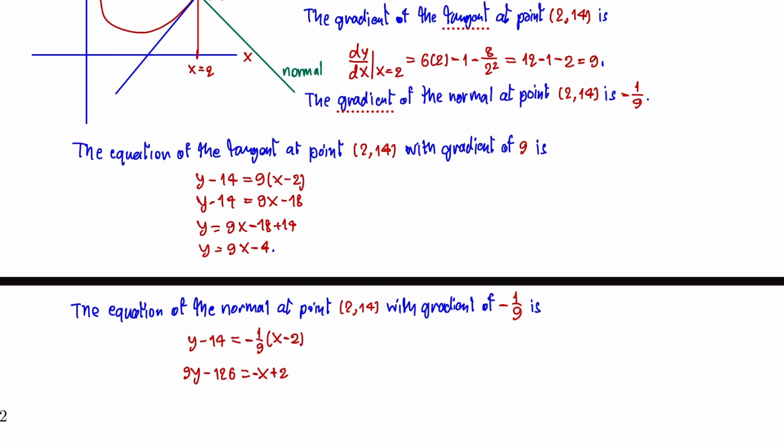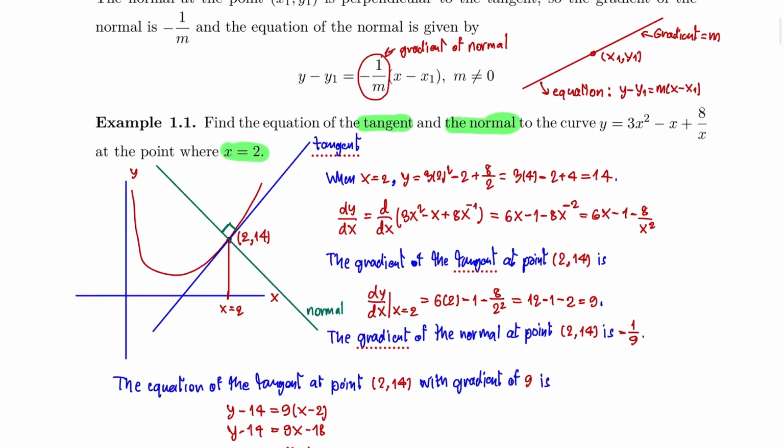I want the variables on the same side, so I move minus x to the left side, and we have 9y plus x equal to 126 plus 2, so 9y plus x equals 128. This is the equation of the normal, and this is example 1.1.